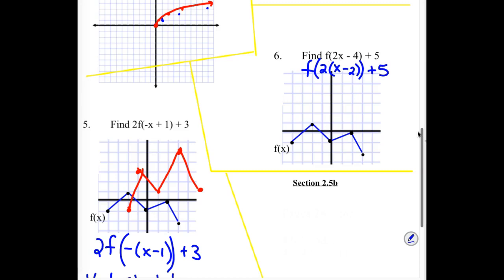All right, so what is that first 2 going to do? Good. Horizontal compression. That means horizontals, x's. I'm going to make my x's be what? Half their size. All right, so multiply x's by 1/2.